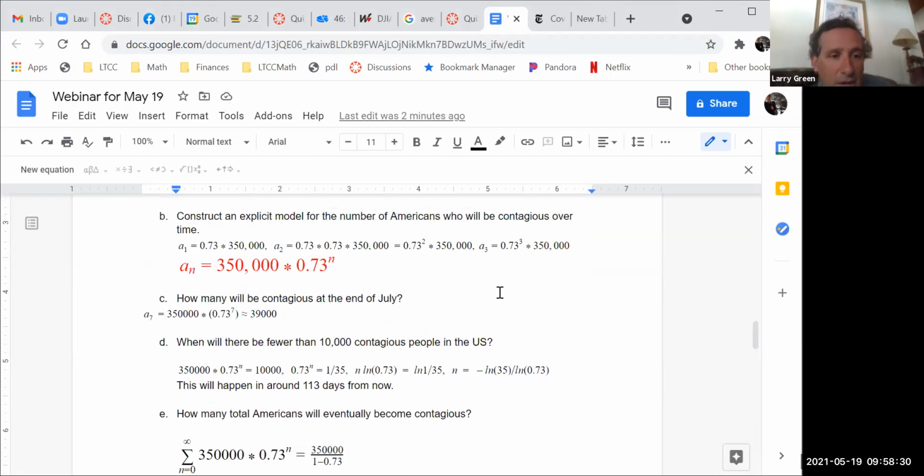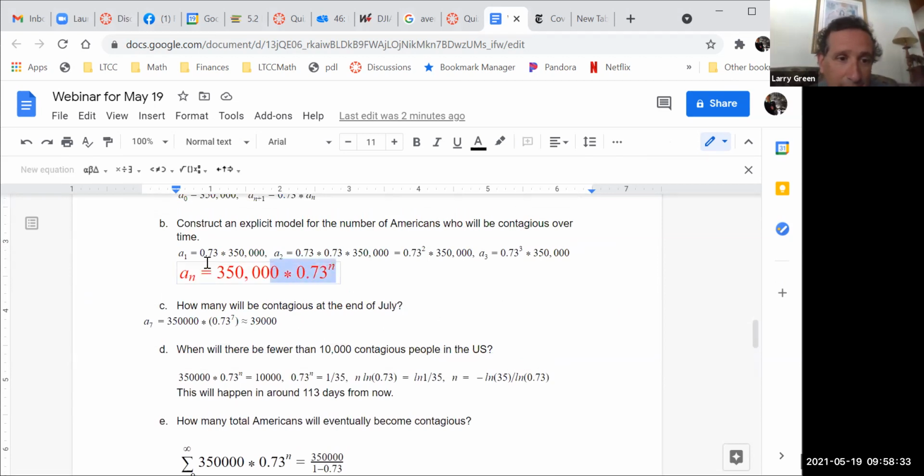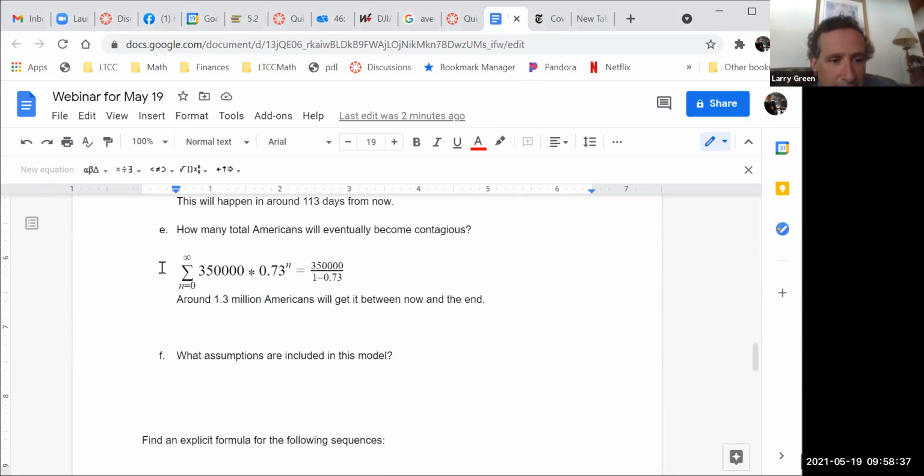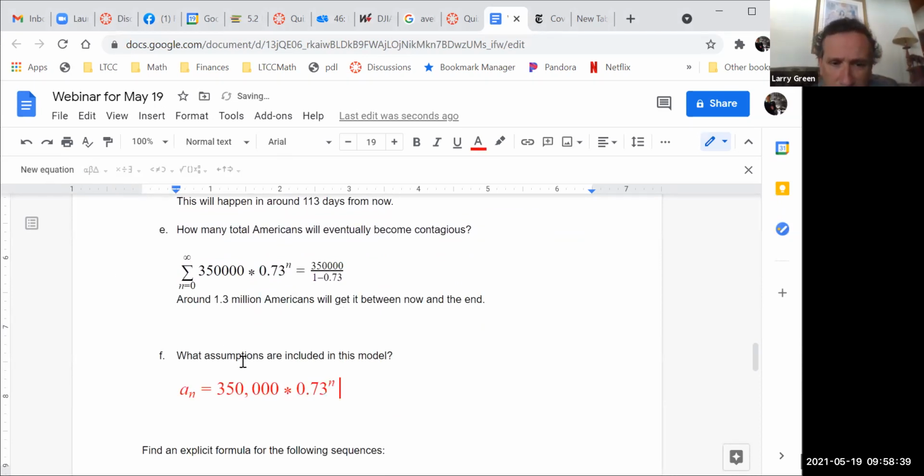So when you have something like that, then you play around with the model. So right now we have A sub n equals 350,000 times 0.73 to the n. Well, we can play with that and we can change it. And you could say, well, yeah, it's 0.73 now, but we probably should subtract a bit, maybe some multiple of n, because the idea is that as time goes on, there should be less and less giving it out to other people, okay?